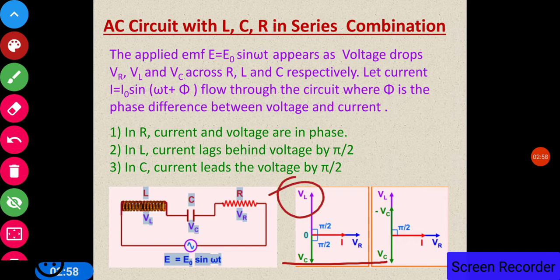In an inductor, the current lags behind, or we can say that the voltage leads.